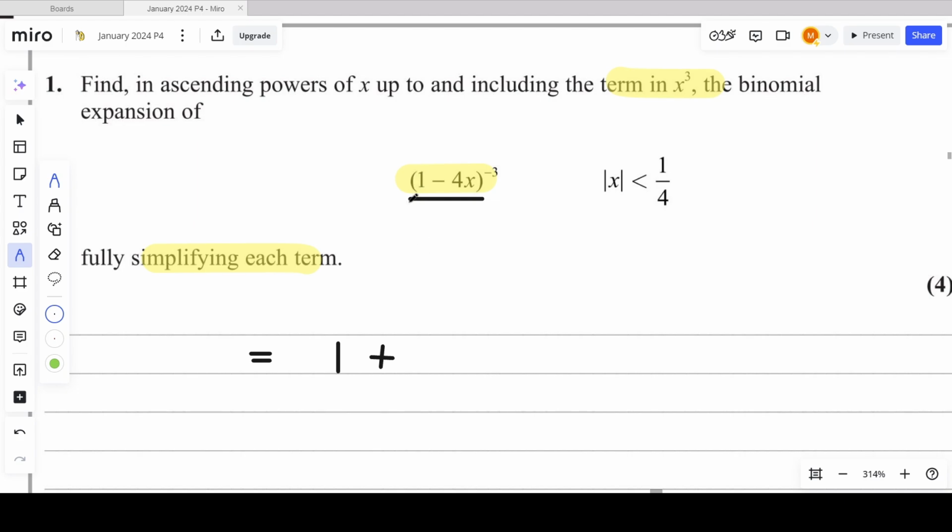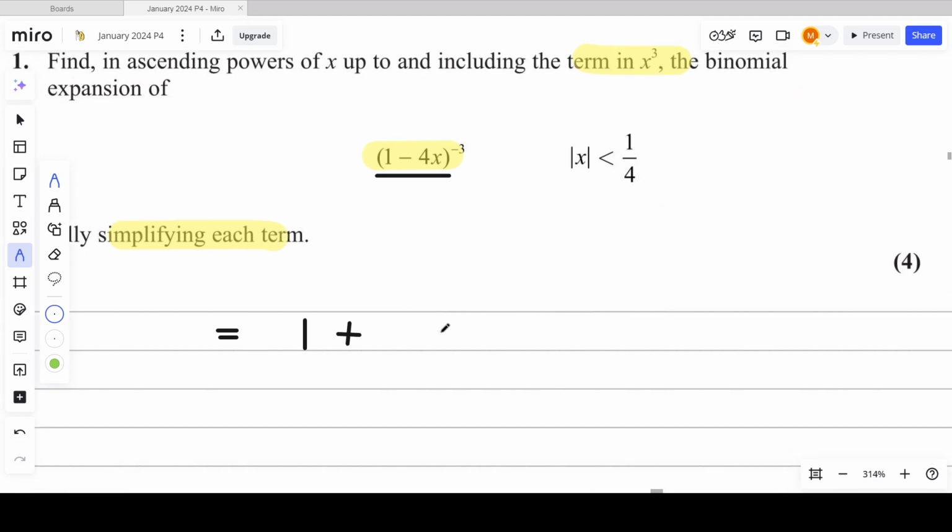We know that as the expansion goes forward, the power of the first term keeps decreasing, so since the first term is 1, you can ignore the power, it will always be 1.